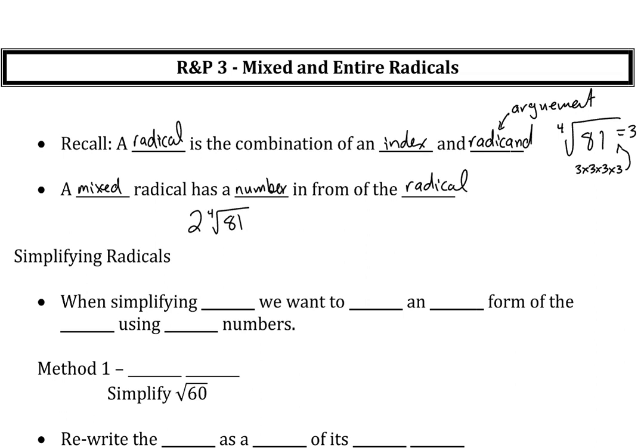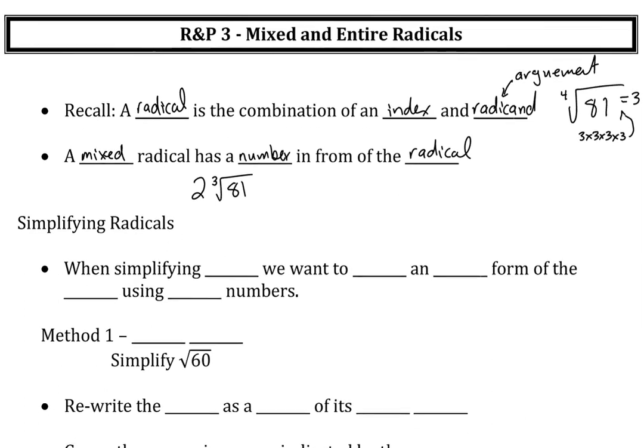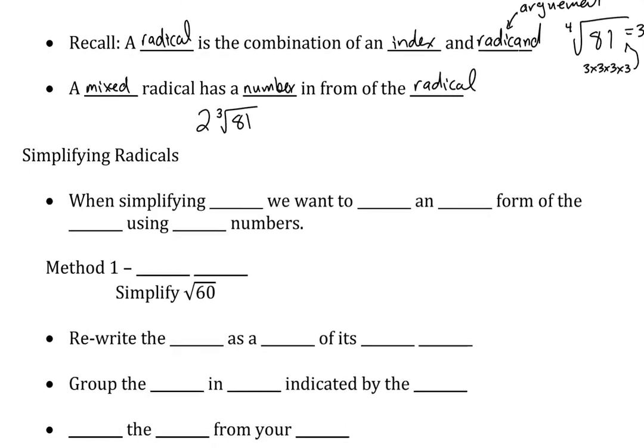And usually with mixed radicals, the argument cannot be simplified any further. So just for my brain, I'm going to put a 3 there instead of a 4, because I know that the 4th root of 81 can simply be simplified to 3.